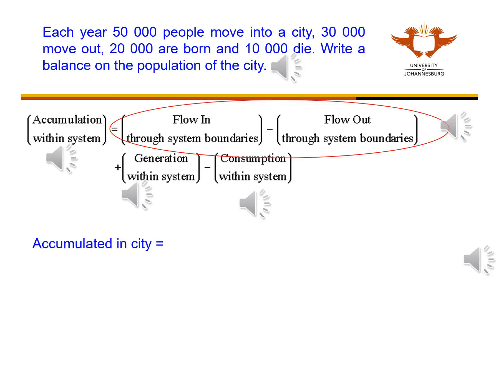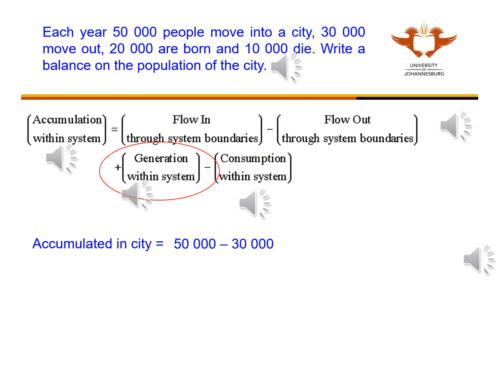We have 50,000 people moving into the city in a year, and 30,000 moving out. 20,000 babies are born. 10,000 people become ancestors.